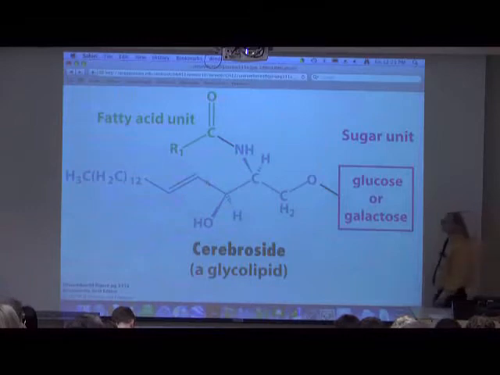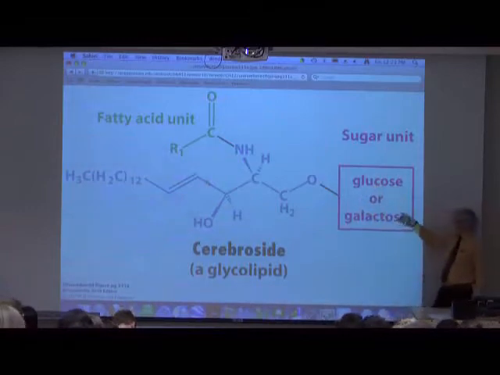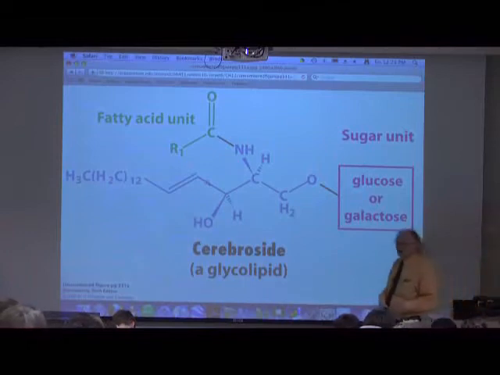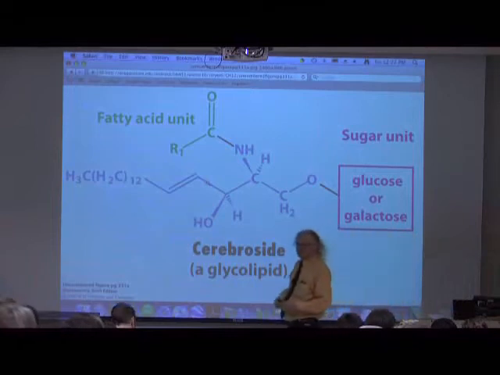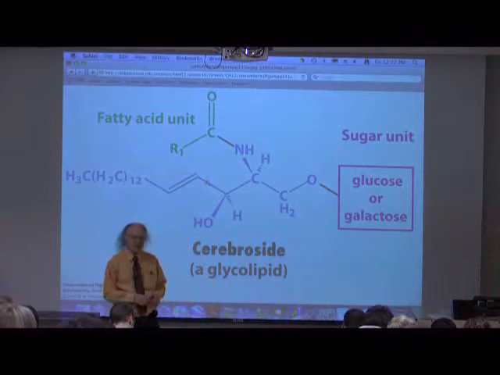So a cerebroside, for example, instead of a phosphate, has a simple sugar attached to it, in this case either glucose or galactose. We commonly do find sugars attached to the sphingolipids. So if we have a simple sugar on there, it's called a cerebroside. If we have a complex sugar on there, it's called a ganglioside.